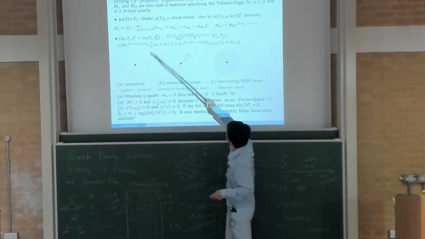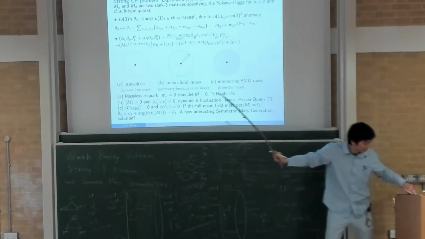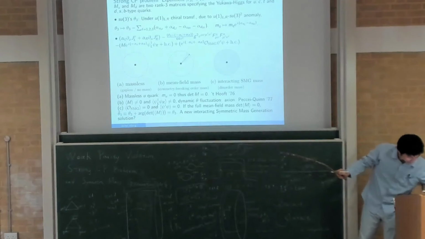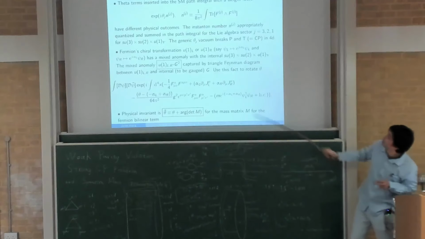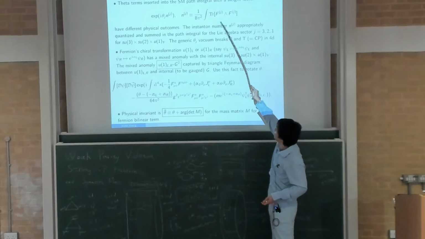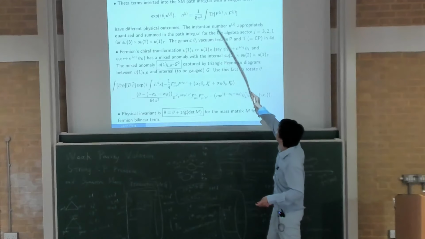There is a parameter called theta, which multiplies the F wedge F term. It comes like this. This is a term allowed, which is basically the second Chern class, that you allow for A other than the Yang-Mills term.